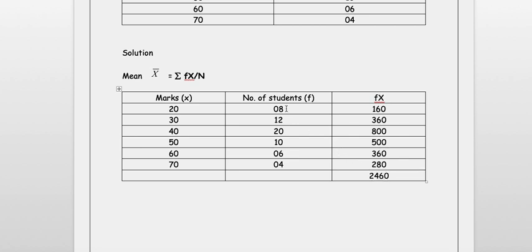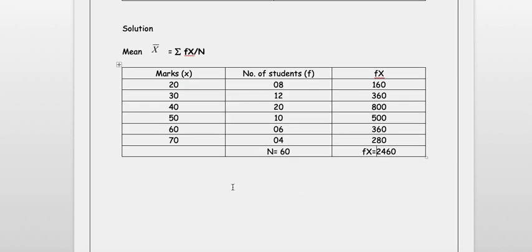As f is also termed as n, because the formula is fx by n, we have to calculate the frequency also, and here we can term this as n is equal to 60. Here we can write fx. Then it is very easy.